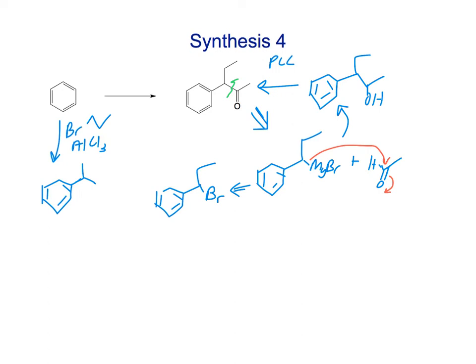Right, you could do an acylation. So we could use the acid chloride and aluminum trichloride. It goes to here, except this is a benzene. And then we need to reduce that thing off.